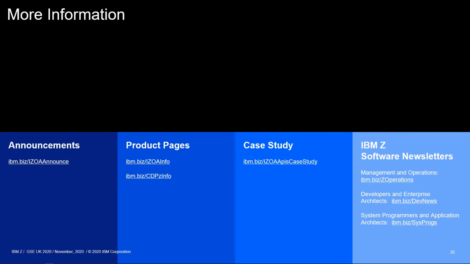I will say that MQ is one that we are actively working on. So if you would like, please feel free to reach out to me if you want to get more information on what we're doing in that space. Again, things that are included in the statement of direction are things that IBM intends to build. So hopefully that answers your question.